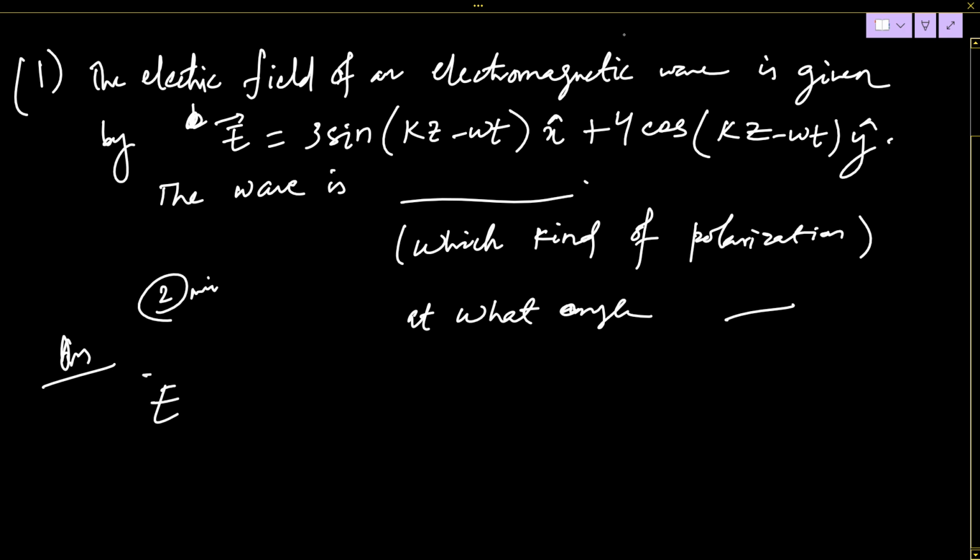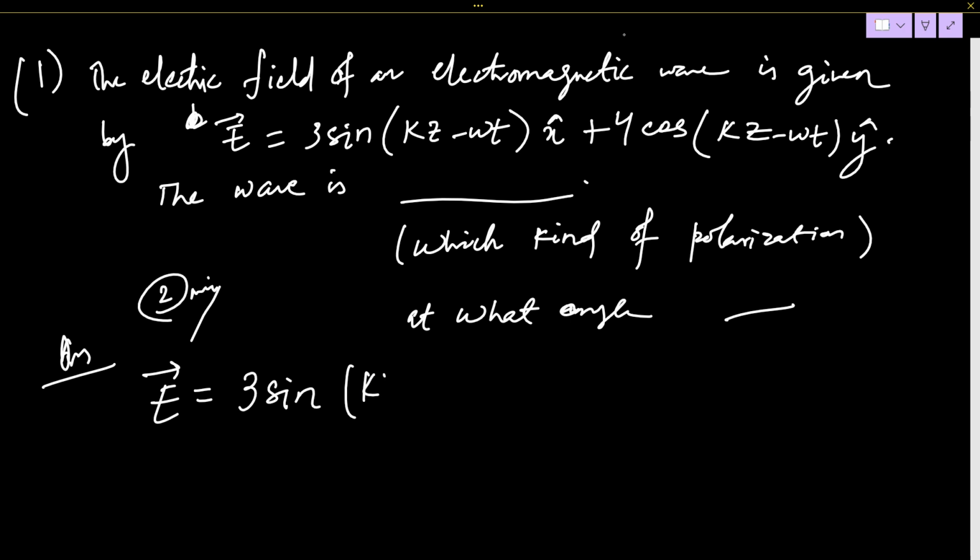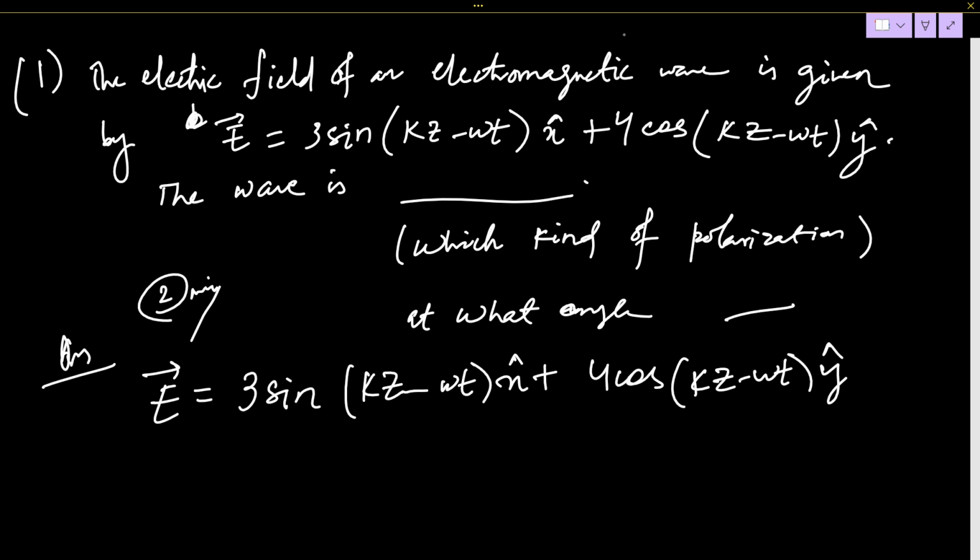So, the electric field is given as 3 sin(kz minus omega t) x cap plus 4 cos(kz minus omega t) y cap.